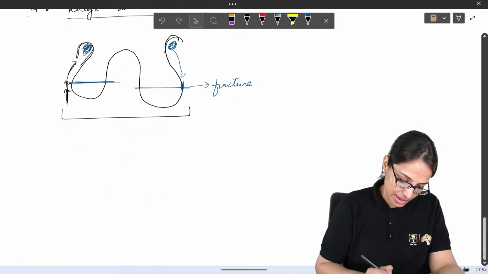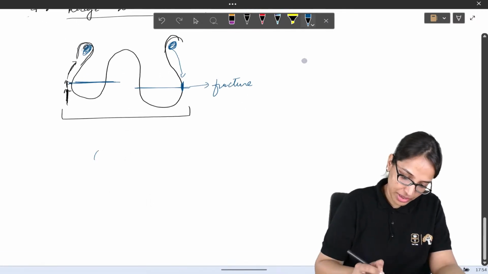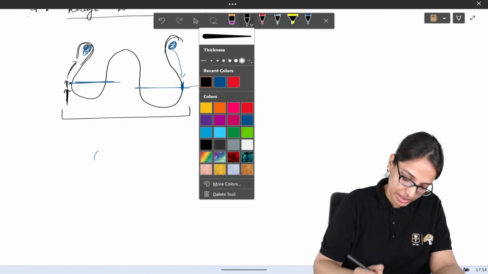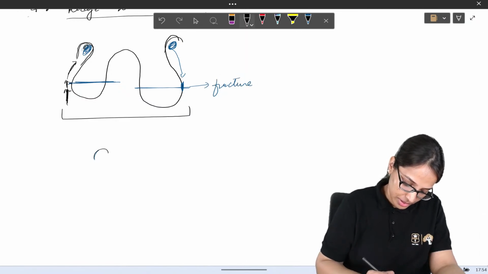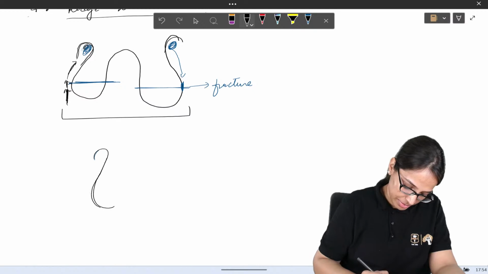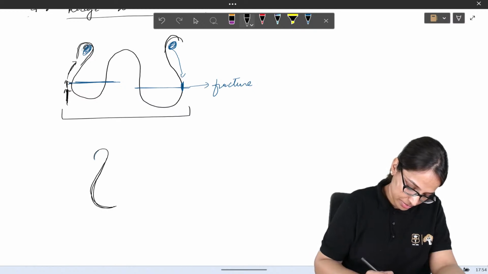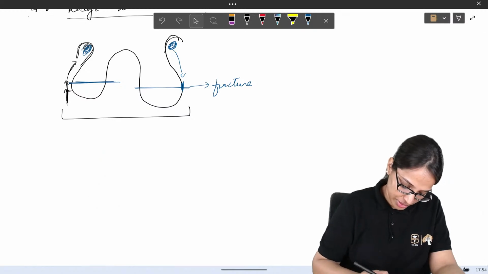So let's take an example over here. If I see a cross section like this, supposedly my undercut is only this much. This is say my alveolar ridge. Let me just draw it out again.